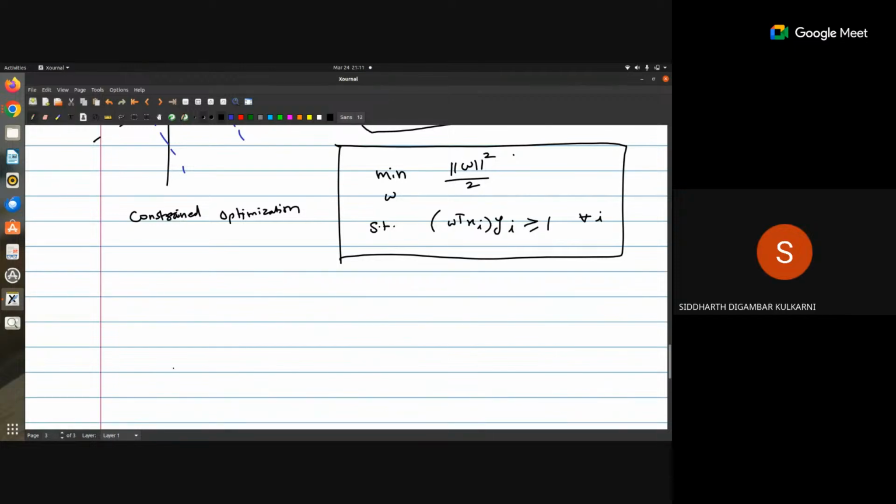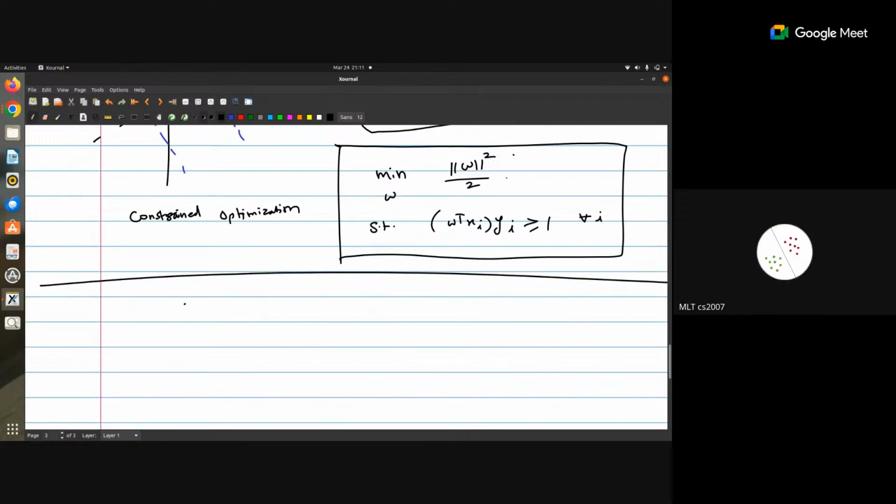Again, we have to solve this: minimize over gamma w. So this minimize is basically a function of w, right? And this is the constraint, 1 minus w transpose.